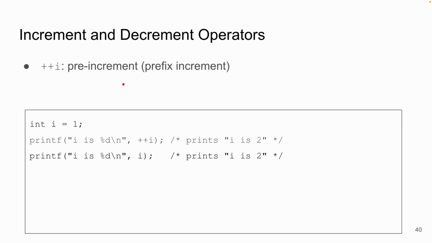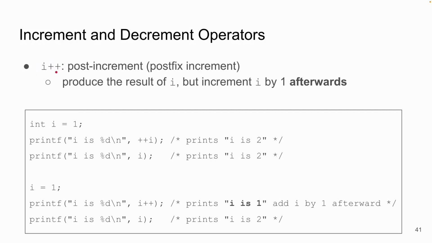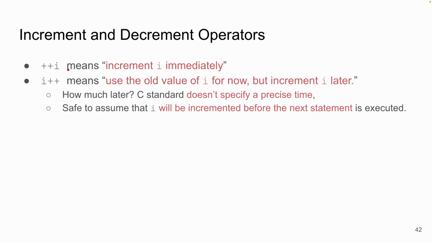For the prefix, we need to add these two operators before the variable. And for postfix, we need to add the operator after the name of the variable. So it will look like this. We also talked about the major difference between them, which is when the operation will be executed. The prefix operator will increment I immediately.